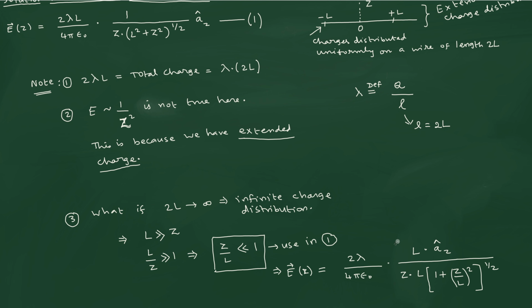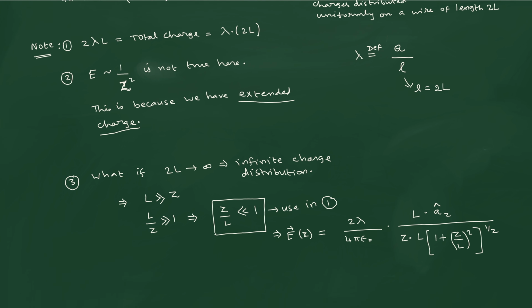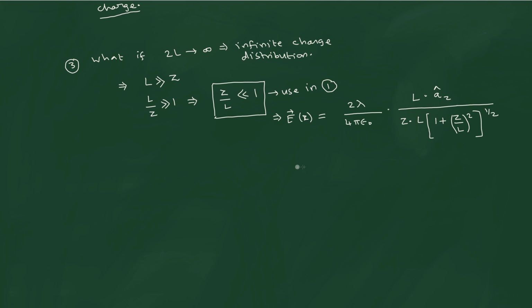If you neglect that, then what is remaining is 2 lambda divided by 4 pi epsilon 0 into, here you get this L and this L cancels out, and then Z by L is neglected, which means simply you delete that particular term. Then what is left is simply 2 lambda divided by 4 pi epsilon 0 Z, only this particular Z remaining, and that's all. So this is the expression for the electric field at a point Z.